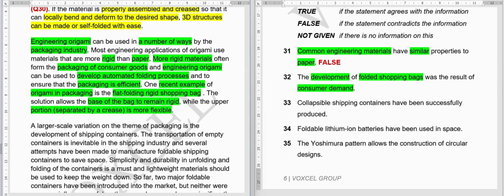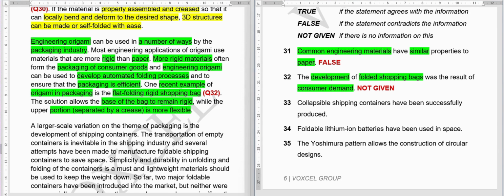You have around 10 seconds to tell me what the answer to this is, and your time starts now. Okay, time's up. I'm going to write the answer here, and the answer to this is not given.